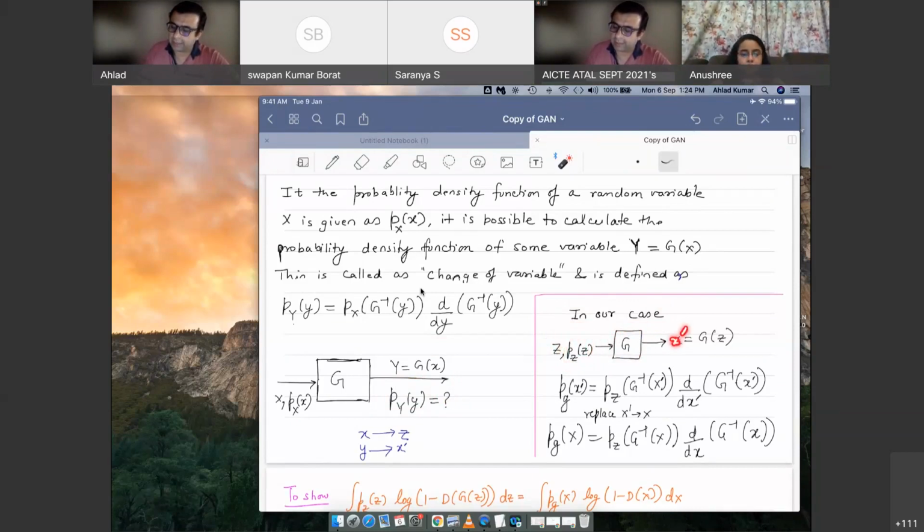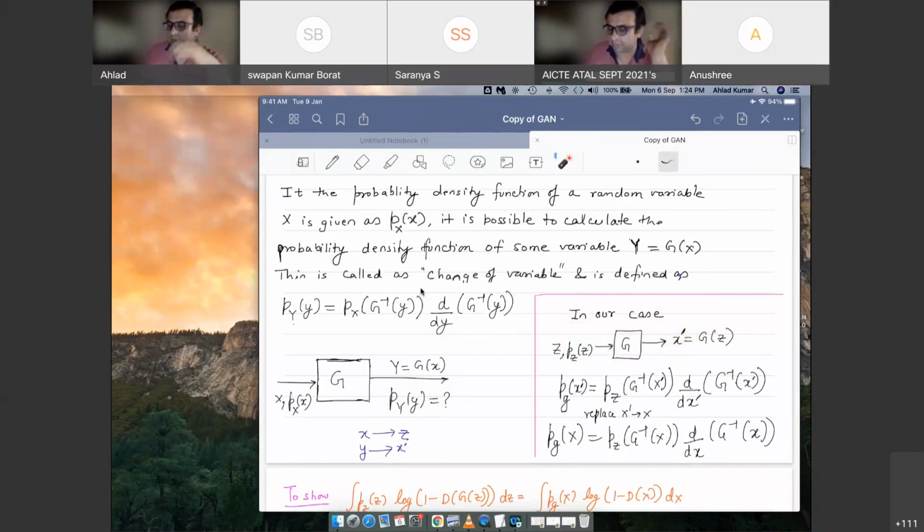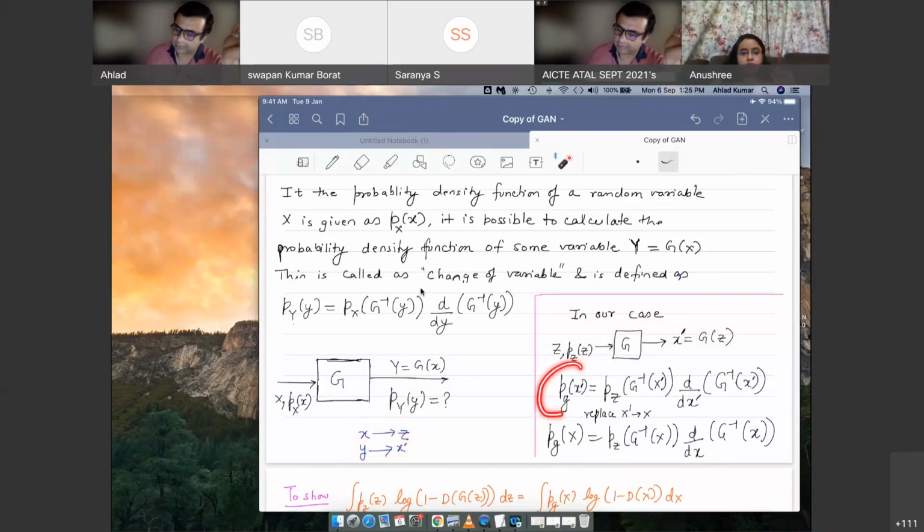I'm writing X dash for simplicity, because somewhere or other they are similar to X, the real data set. It is G of Z because you are transforming the Z from the generator to get this value. And now if you substitute X as Z and Y as X prime, then you will get this expression which is given over here. As simple as that.